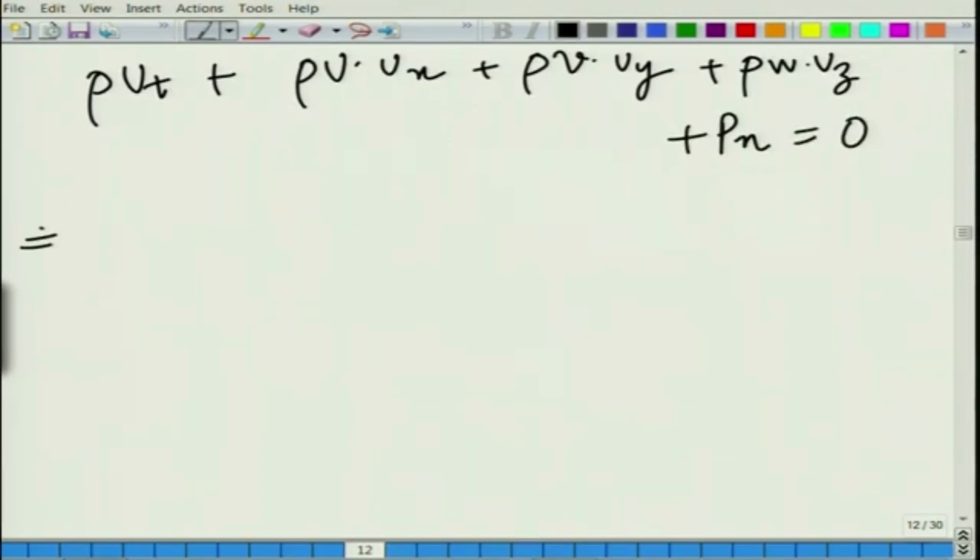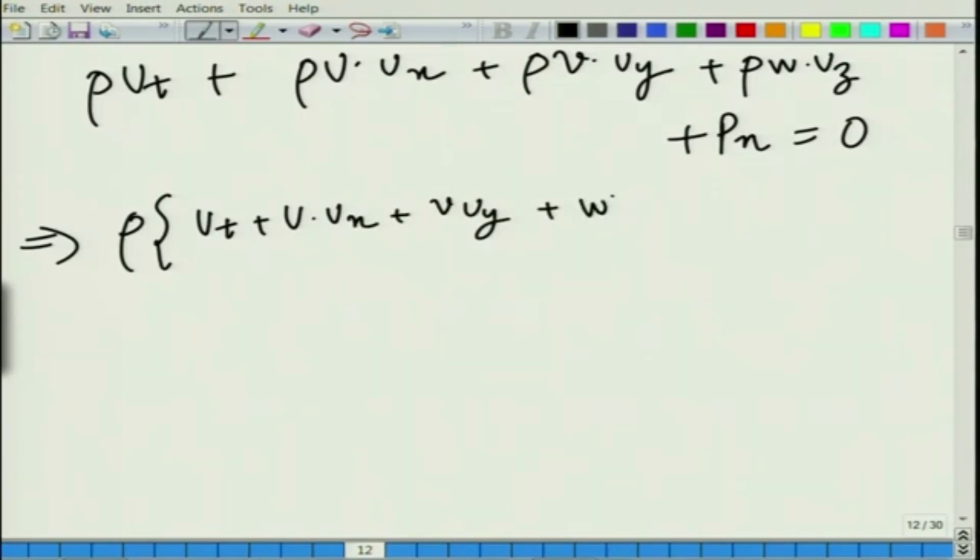So, this also can be written as u t, u times u x plus v times u y and w times u z, plus P x is equal to 0. So, P x is nothing but del del x of P, like we have been talking about.